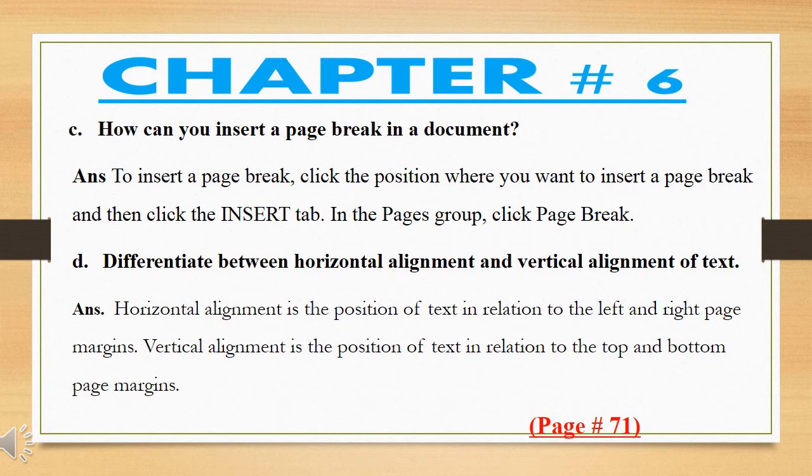Vertical alignment is the position of text in relation to the top and bottom page margins. Hope it is clear. Both questions, how to insert a page break and the difference between horizontal and vertical alignment, learn and note down in your notebook.